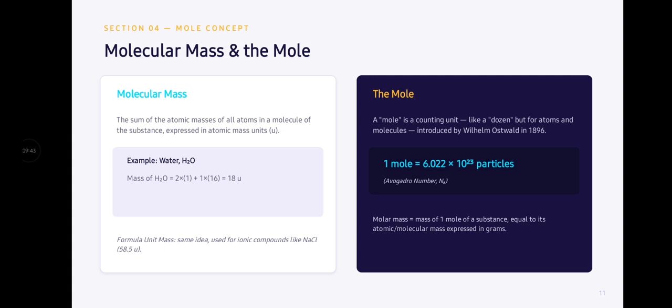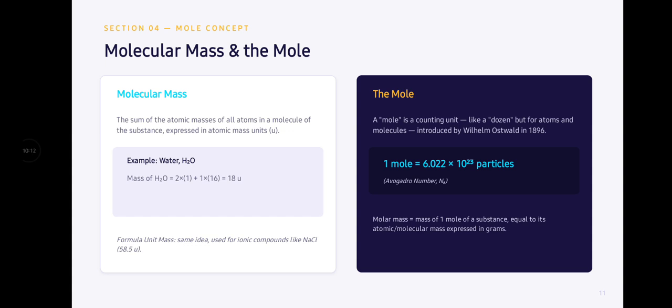Next is molecular mass and the mole. So what is molecular mass? The sum of the atomic masses of all atoms in a molecule of the substance, expressed in atomic mass units. An example is water. Its molecular formula is H2O. So the mass of H2O is 2 multiplied by 1 plus 1 multiplied by 16, which is 18 u.